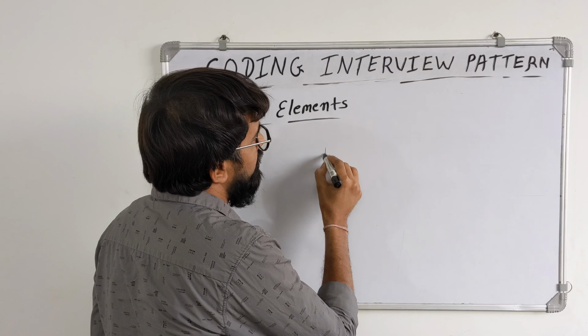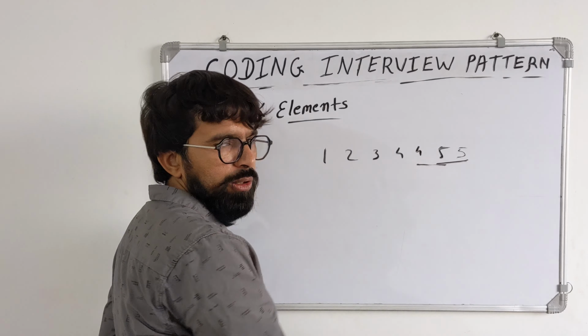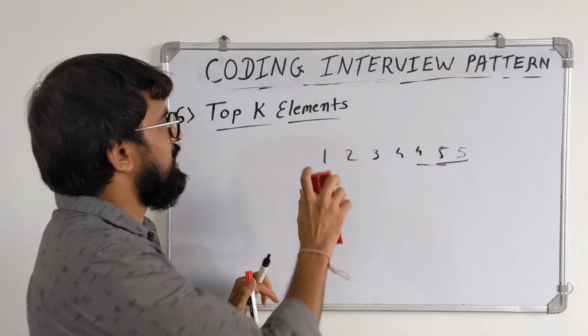If asked for the top 2 largest number, it should be 4. If top 3, it should be 3, like that. So it's not distinct numbers. It is as per the sorted order. Okay, this is clear.